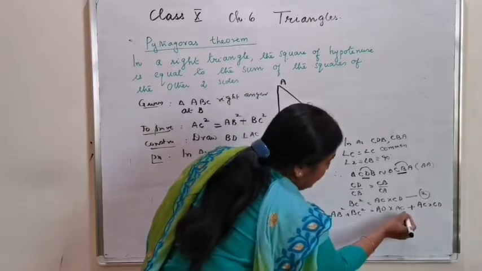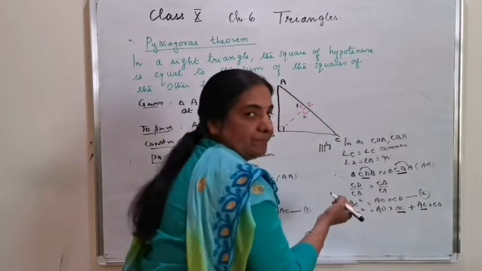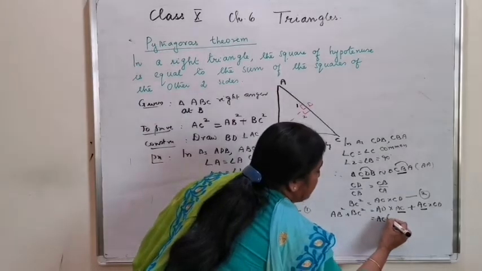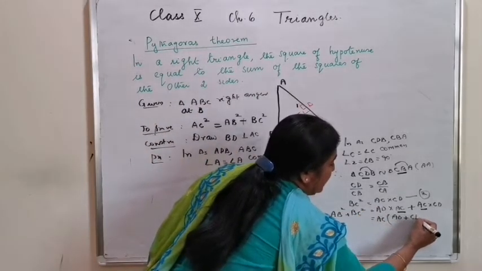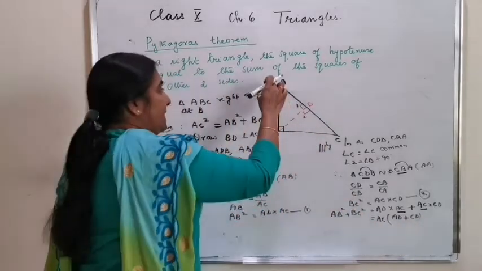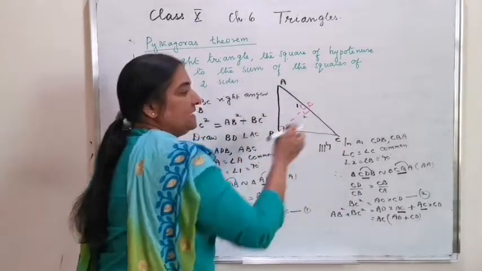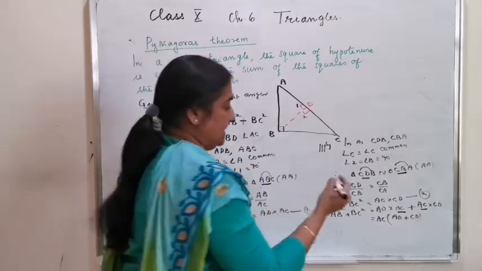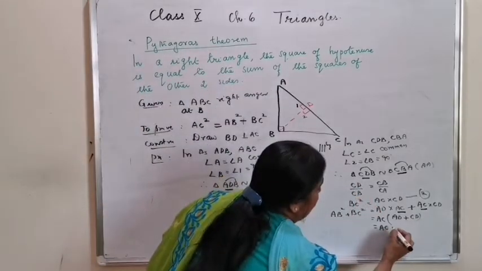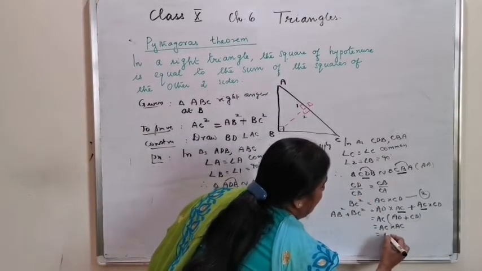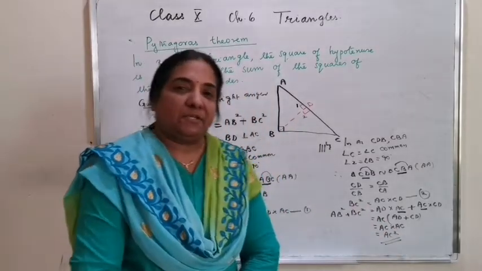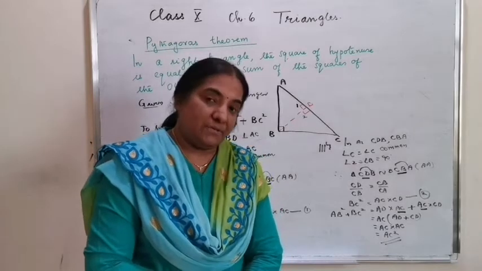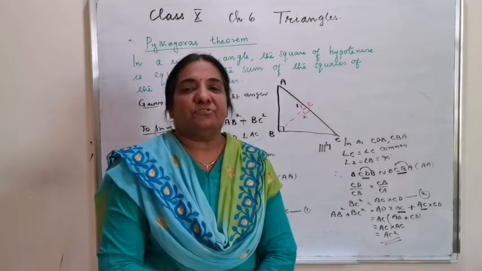You can see AC is common, which is the same as AC into AD plus CD. In the figure, AD plus CD is giving you again AC, which is equal to AC into AC, or AC square. Thus, Pythagoras theorem is proved by using similarity of triangles.